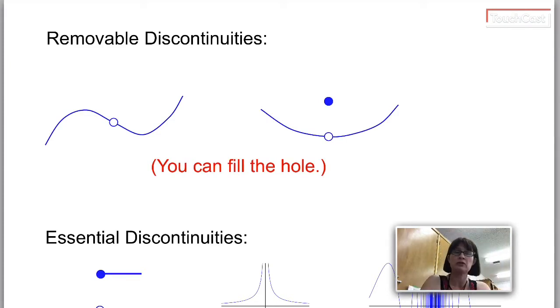There's a hole in the function. That's called a removable discontinuity. It doesn't matter if the hole is empty, if there's a function value there at all, or if the function value is somewhere else besides where the hole is.